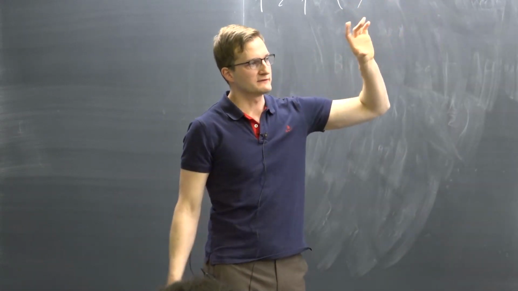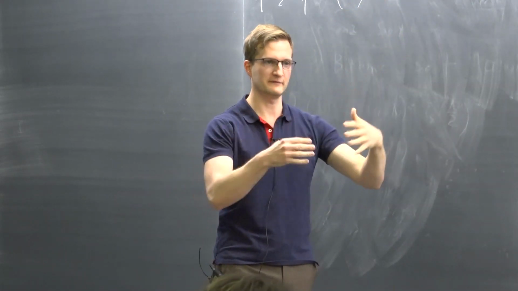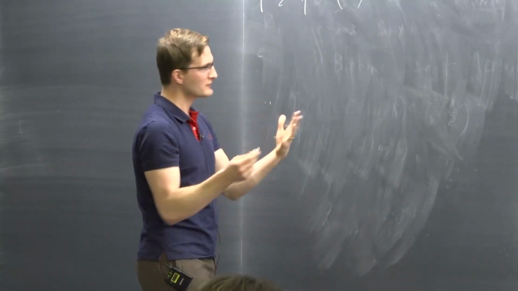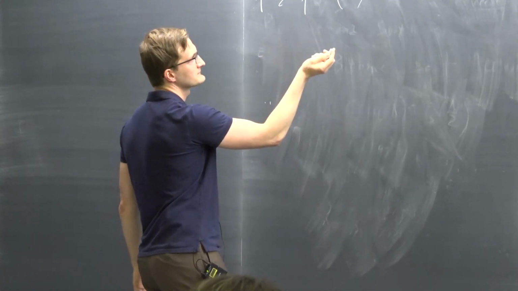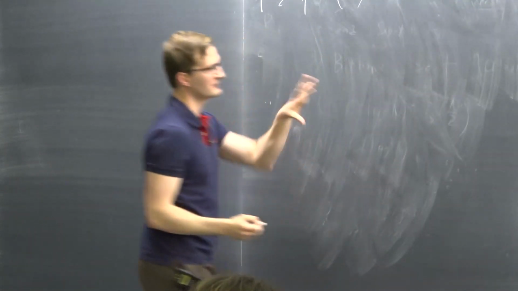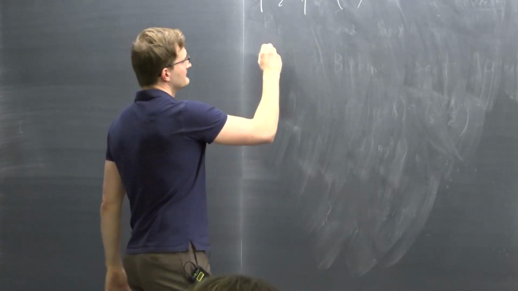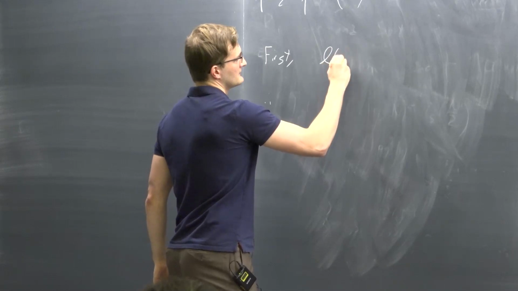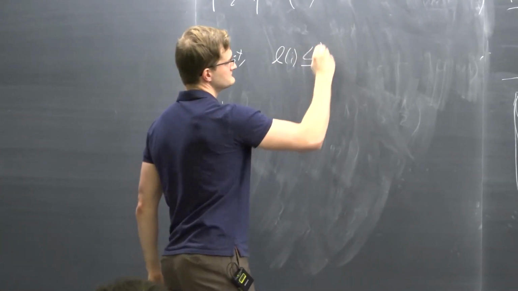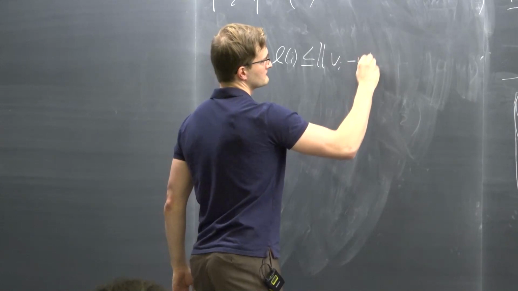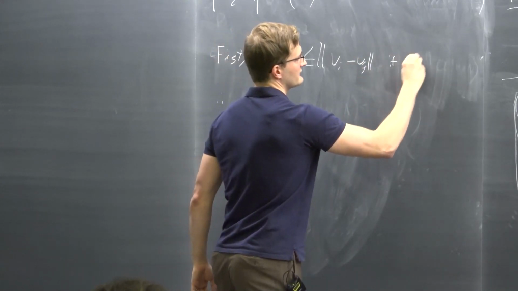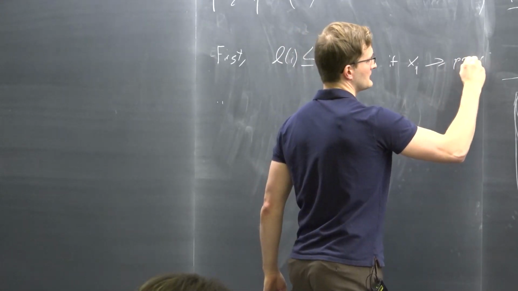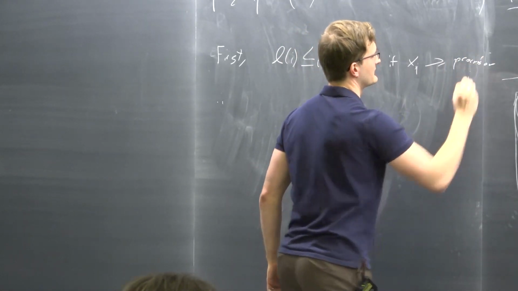Then I'm left with the number of choices for where the elements that don't go very far go. So I've got something that can't go very far, so I'll leave this as a blank and derive what it has to be. First, L of i, j if x_i goes to processor j.